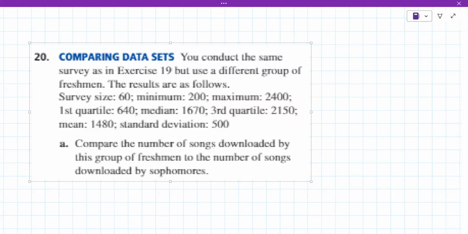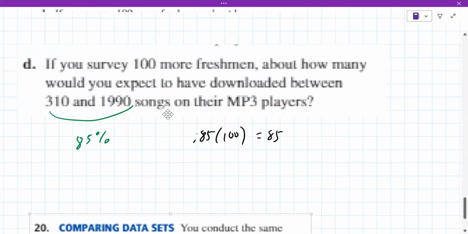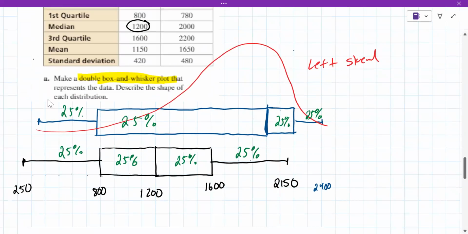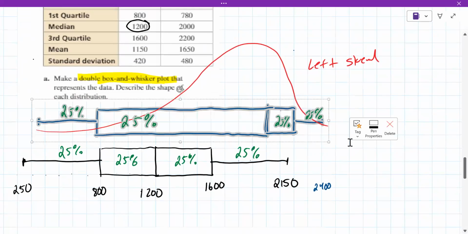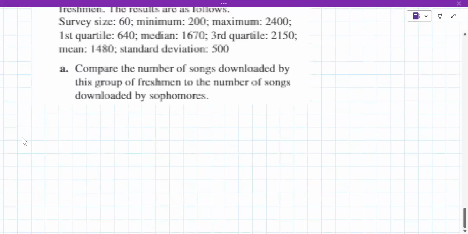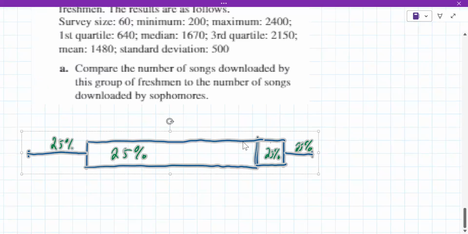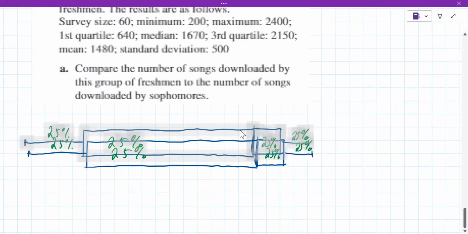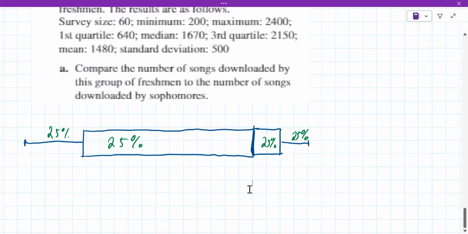Okay, so we've got to go grab the sophomore information. I'm not even going to attempt to regraph this. I'm just going to look at the graph I have. The median is kind of important: 1670 versus 2000.